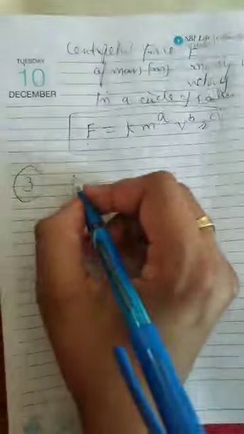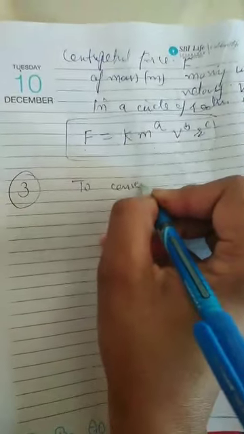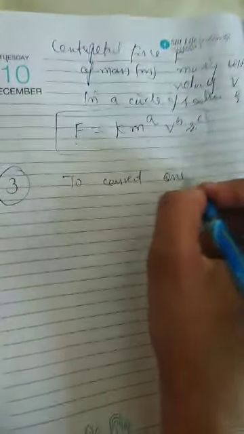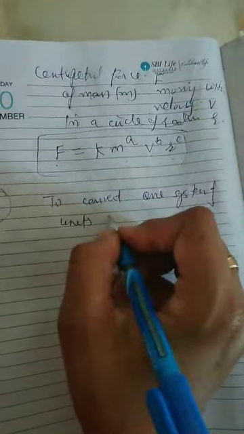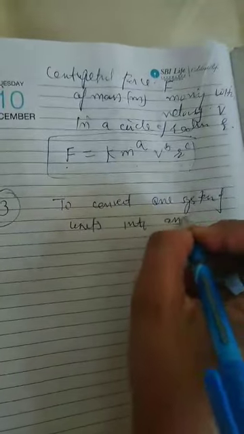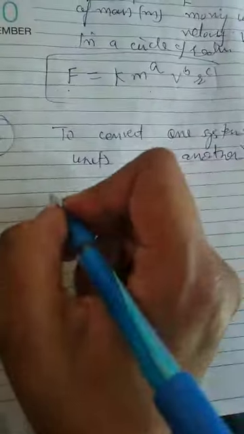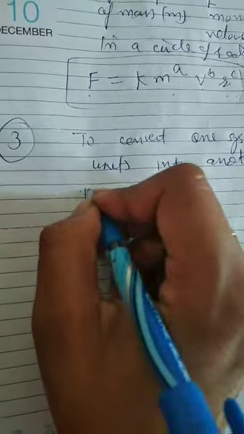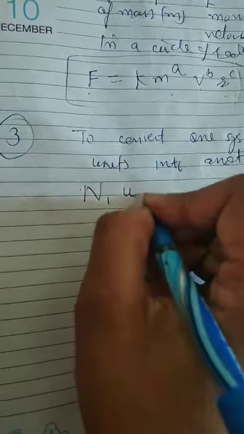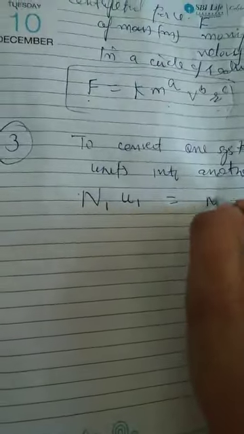Next, the third use is to convert one system of units into another. For this, first let us understand one formula, N1 U1 is equal to N2 U2.